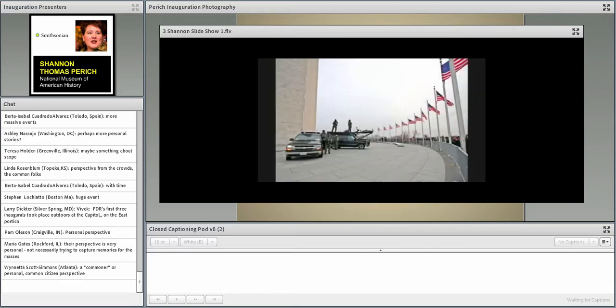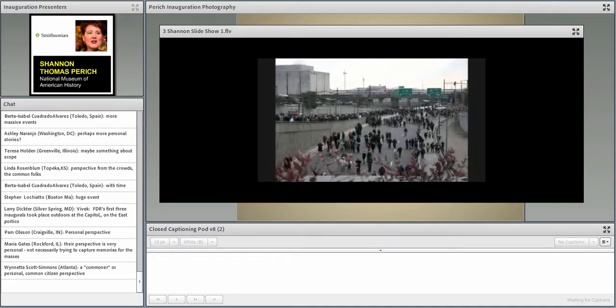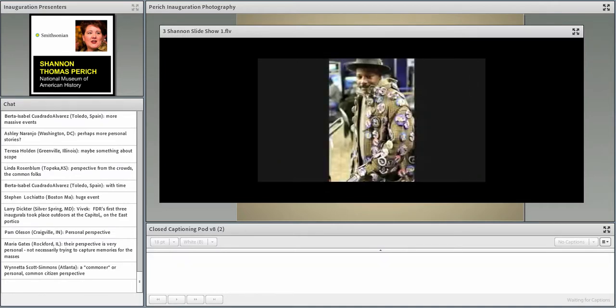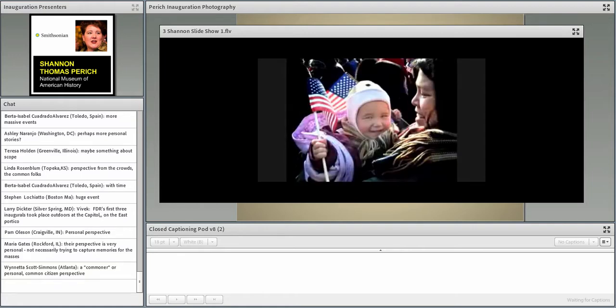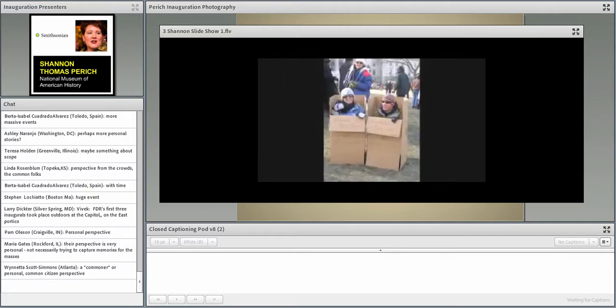So they worked with a company called photobucket.com, and individuals who wanted to participate could upload their images into a specific site on that photo distribution website, and they got incorporated into the official book.